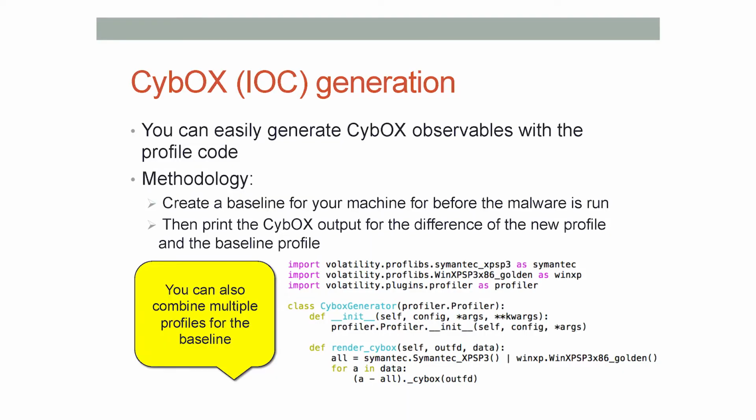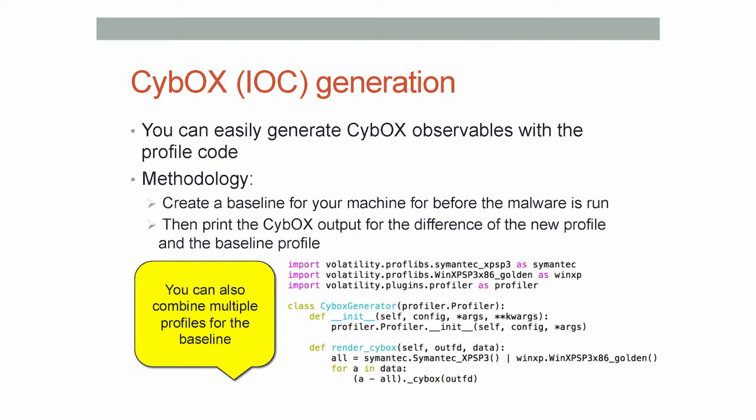So here's an example of creating a CybOX package. What we're doing is we're importing these different profiles that we have, Symantec and this golden profile. And what we're doing is we're combining these all into one golden profile, and then we're just subtracting out the outliers into a CybOX package.